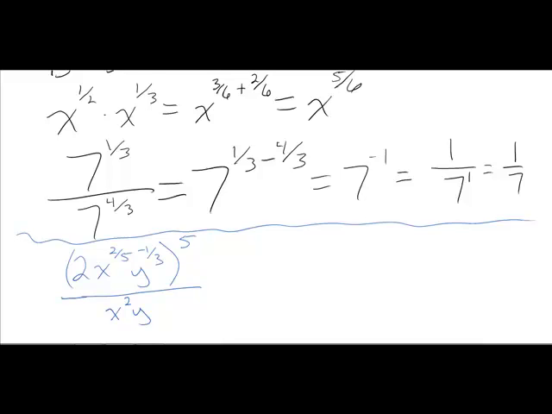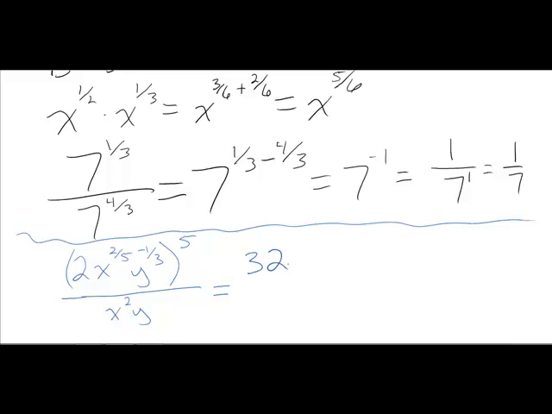Okay, so first of all, let's just look at the top of the fraction and do what we can here. Let's apply that exponent, that 5, to everything in the parentheses. So first I'm going to say, well, 2 to the 5th power. 2 to the 5th power is 32. Next I'm going to take x to the 2/5 to the 5th power. And this is where we have to apply power rule, right?